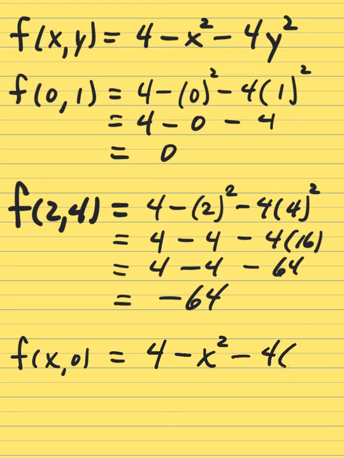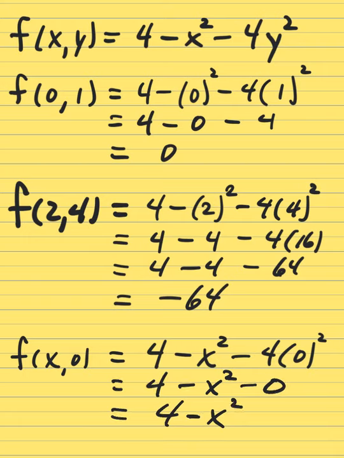That is totally appropriate. You just leave the letter alone instead of plugging a number in. On the end, 0 squared is 0, times 4 is still 0. And so that leaves us with 4 minus x squared. And that's totally appropriate. We didn't have a number for x, so x stays open.